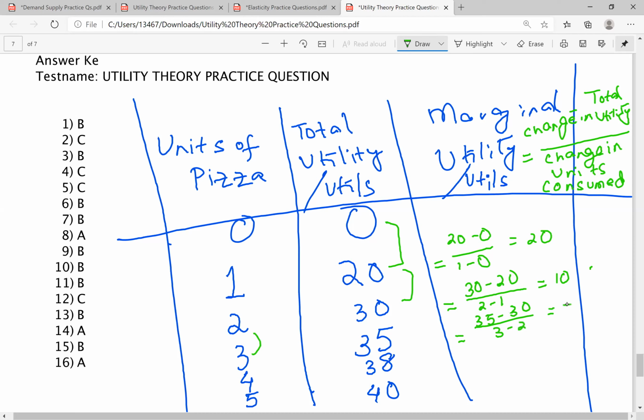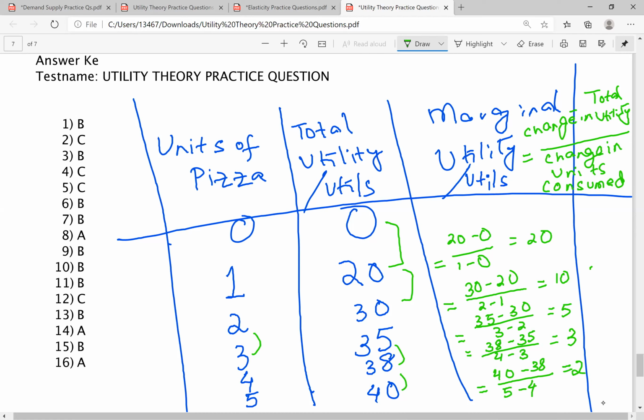This is equal to 5. Next one is equal to 38 minus 35 over 4 minus 3. This is equal to 3. Next one is equal to 40 minus 38 over 5 minus 4. This one is gonna be equal to 2.